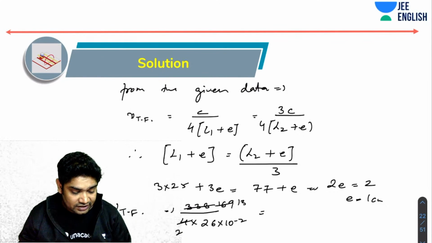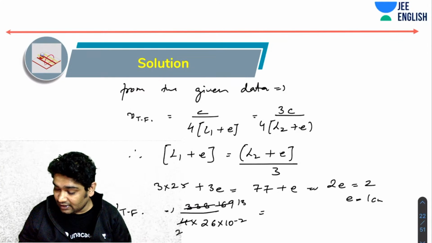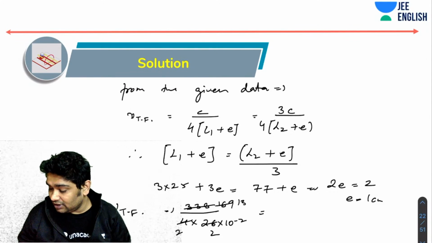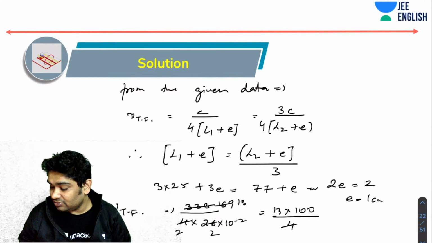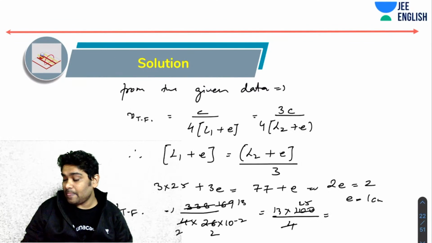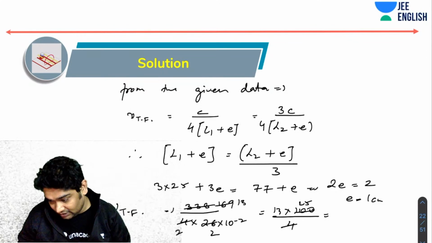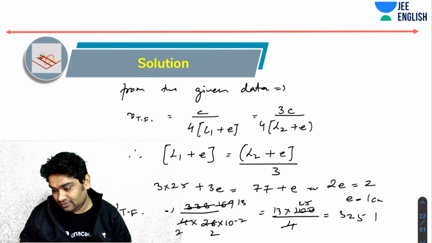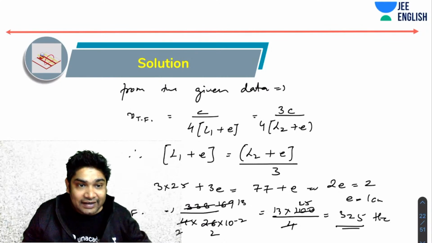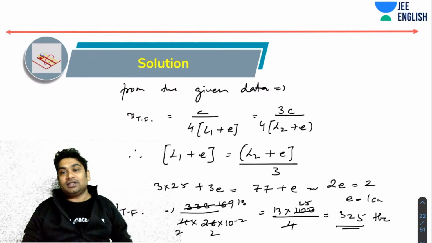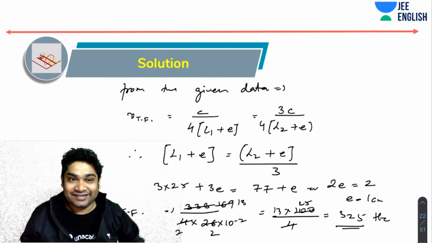This is 13 square, I think, right? This becomes 2. That is 13 into 100 over 4, 25 into 13. So that is 325. So yes, well done, people. 325 hertz is the correct answer. All right, well done.